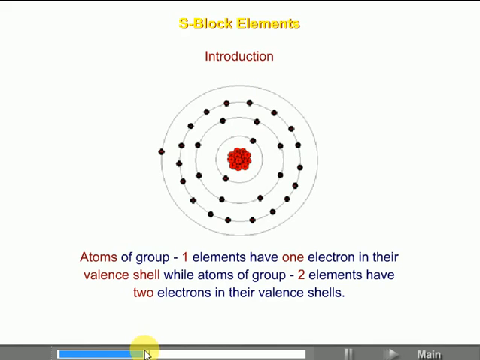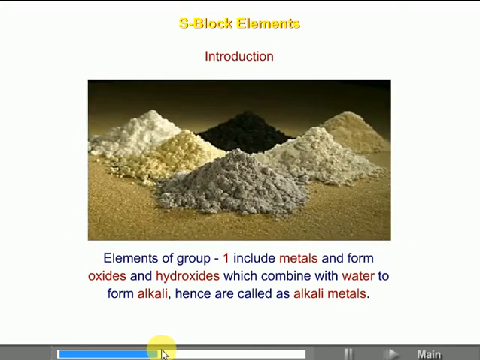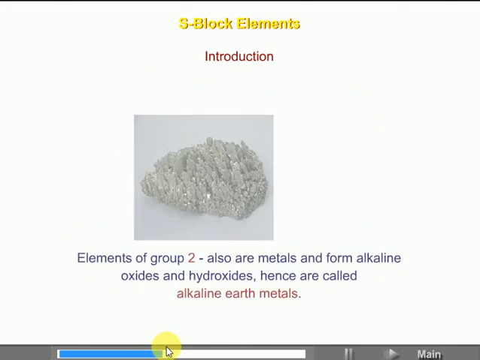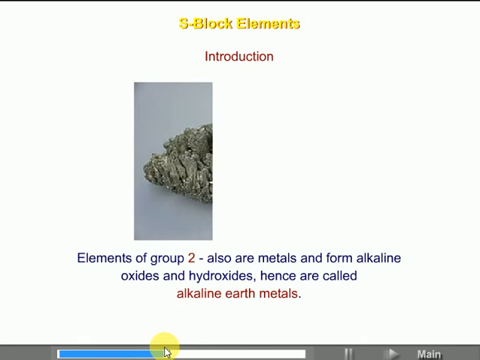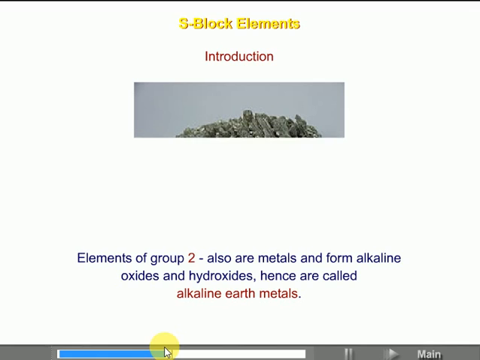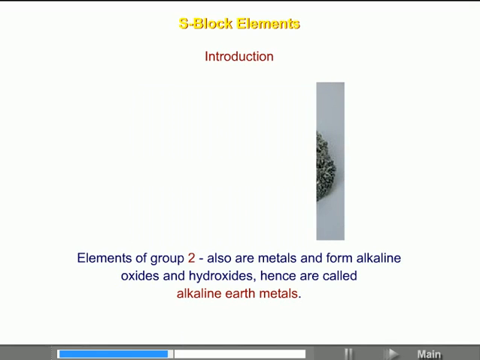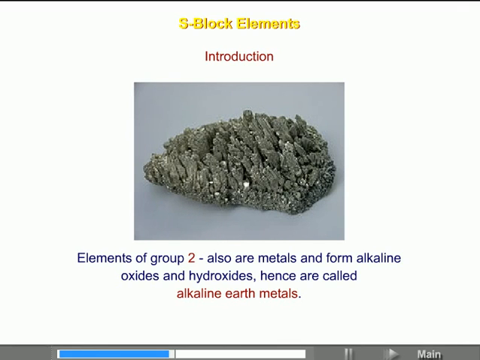Atoms of group 1 elements have one electron in their valence shell, and are metals. Elements of group 2 also are metals and form alkaline oxides and hydroxides, hence are called alkaline earth metals.